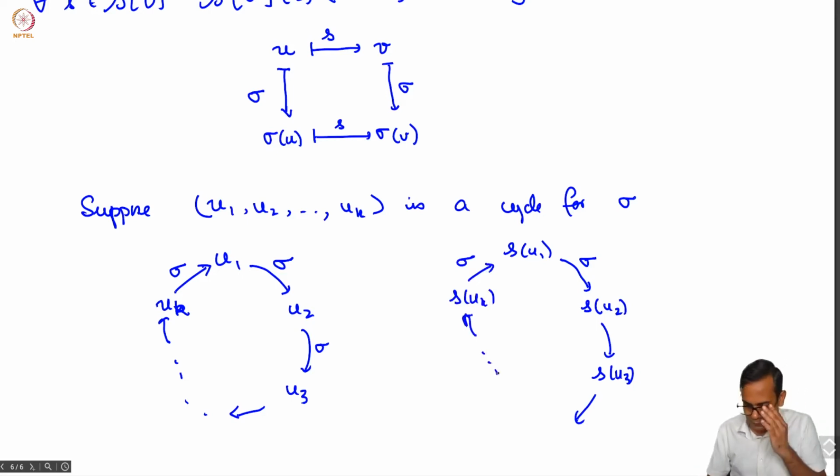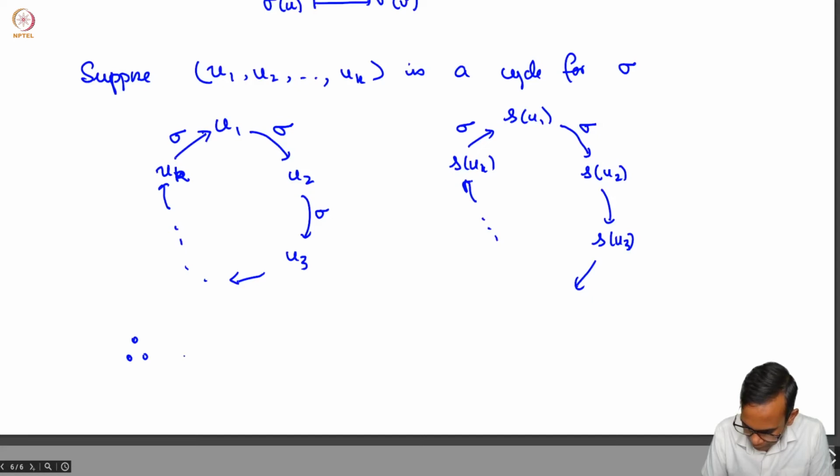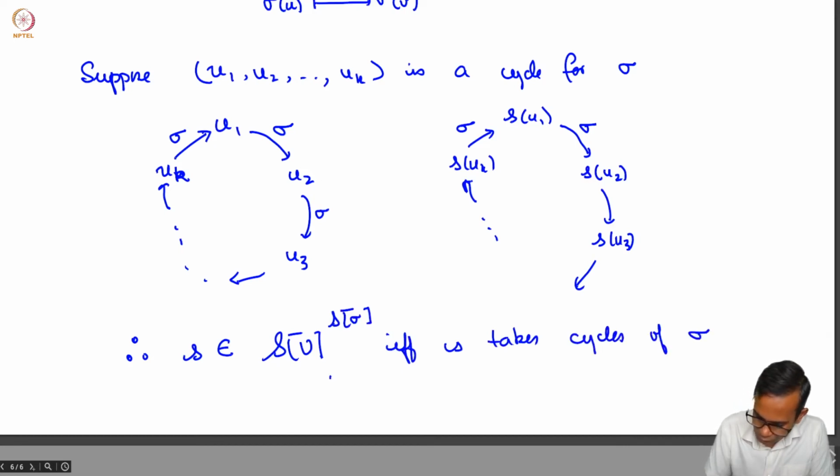What this means is that if s is in S[u] and it's fixed by S[sigma], then s takes cycles of sigma to cycles of sigma.